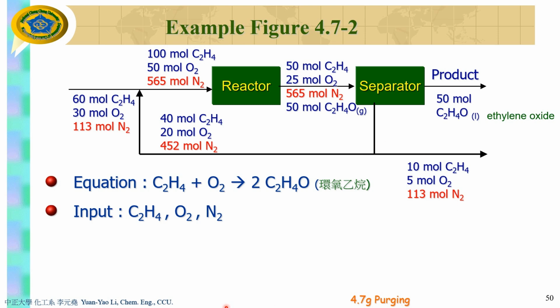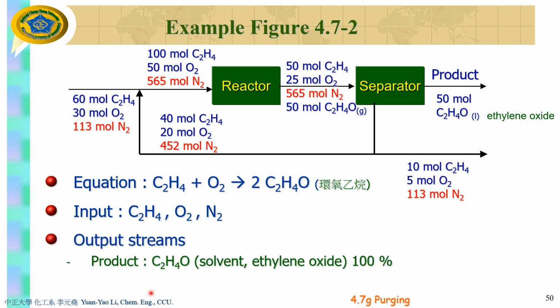So input is C2H4, O2, and N2. And the output stream for the product will be ethylene oxide, 100%. This is very good, right? We like 100%. And here is gas phase. You just need to use a condenser because the reactor might be at a high temperature.